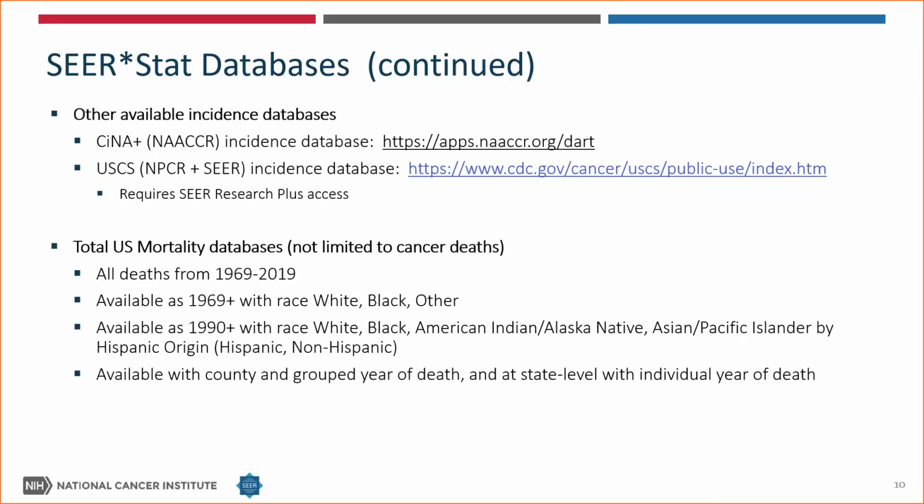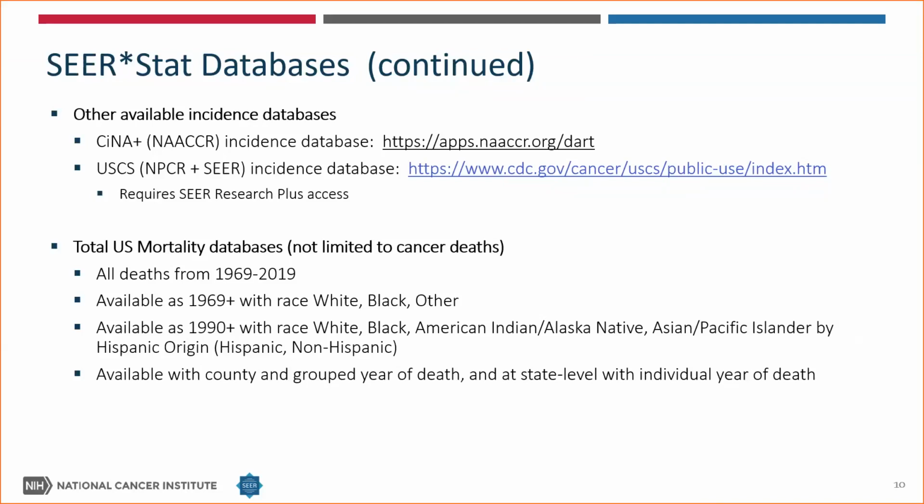And there's the USCS public use database, which is NPCR plus SEER data, as Nadia mentioned, which covers, I don't know if it's the entire US, I think it is. And it's got data from SEER for the registries that are not also NPCR registries, and then the NPCR registries.